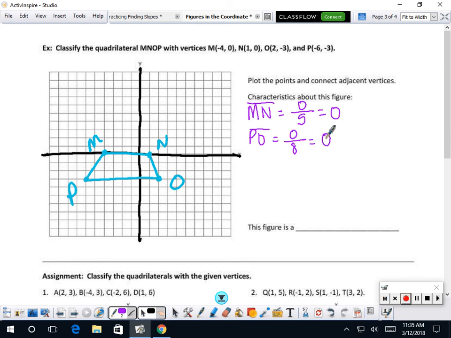And 0 over 8, again, reduces to just 0. So I want the slope of the other line, from P to M. From P to M, I rise 1, 2, 3, and I'm going to run 1, 2. So 3 over 2, which the fraction 3 over 2 does not reduce.